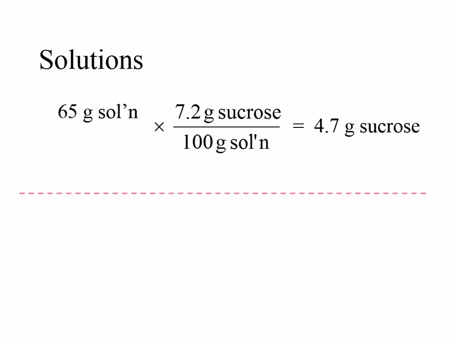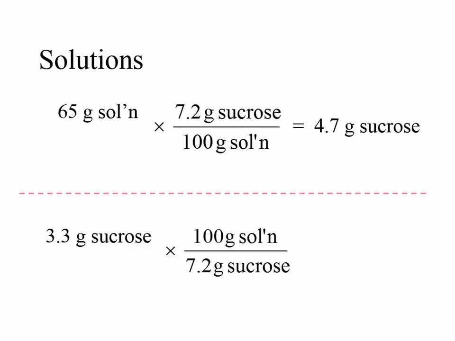Any questions? Okay, to work the next one, what's my first term going to be? 3.3 grams of sucrose over 1, perfect. Now, if I want grams of sucrose to cancel, I need to put grams of sucrose in the bottom. So what does that term look like? 100 grams of solution on top, 7.2 grams of sucrose on the bottom.